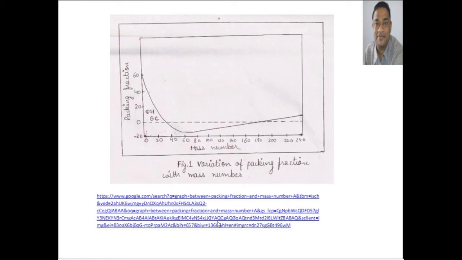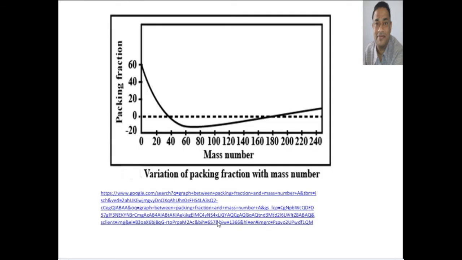This is the variation of packing fraction with the mass number A. This is another figure which gives the packing fraction variation with the mass number A. So what do we observe in this particular graph?